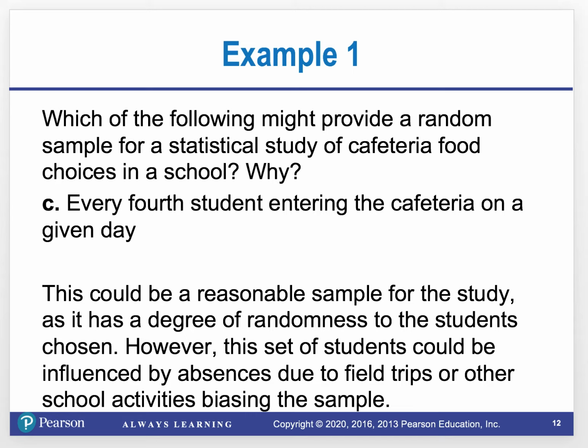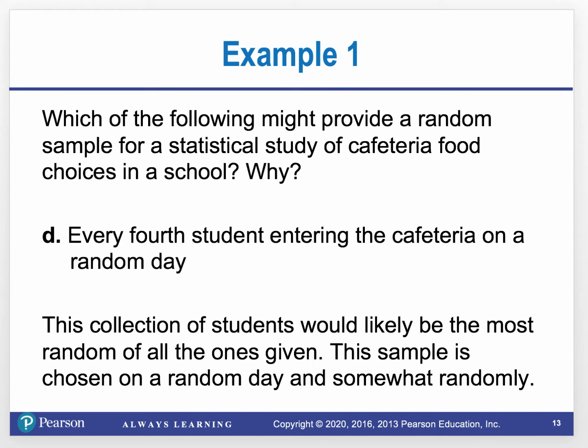This could be a reasonable sample for the study as it has a degree of randomness to the students chosen. However, this set of students could be influenced by absences due to field trips or other school activities, biasing the sample. And once again, those students in the playground that we were just talking about that's not eating in the cafeteria wouldn't have a chance to be asked.